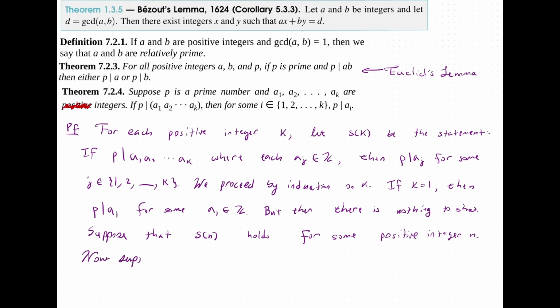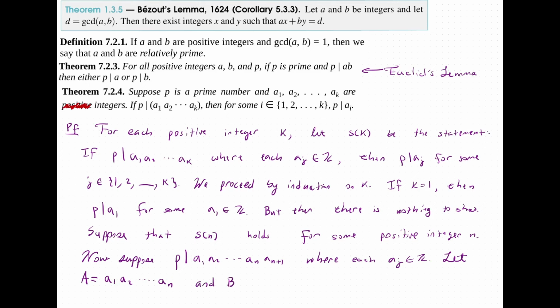So now suppose that p divides a1, a2 all the way to a sub n, and then a sub n plus 1, where each a sub j is an integer. Now we want to use the induction hypothesis. And so what we are going to do is consider this whole product as a product of only two numbers. And so let's let capital A be the product a1, a2, all the way through a sub n.